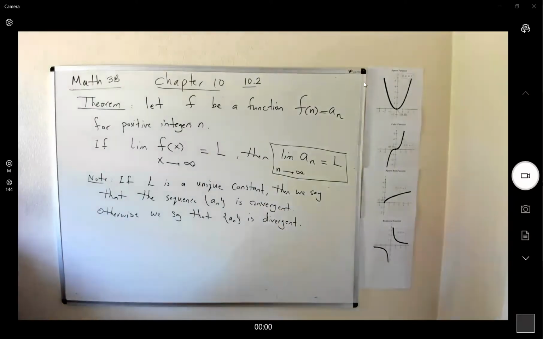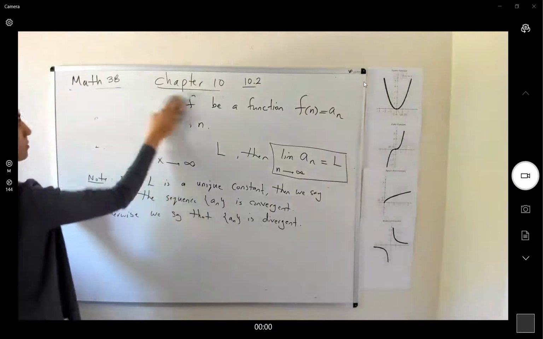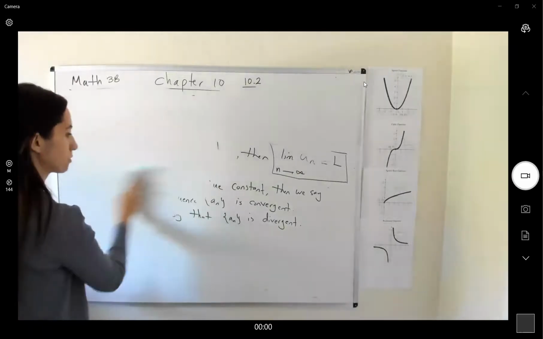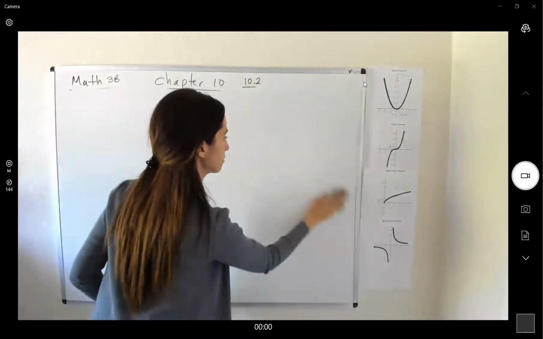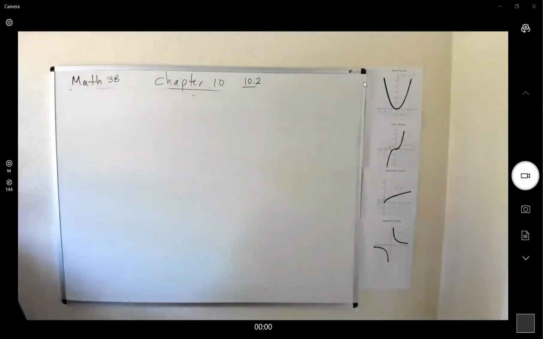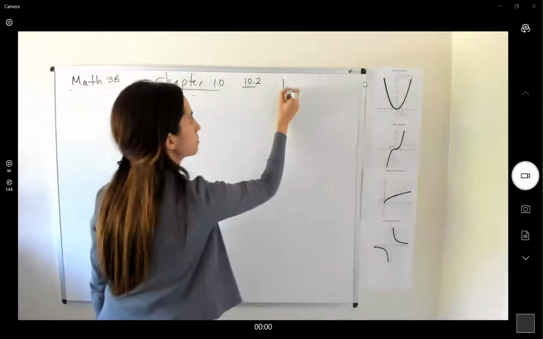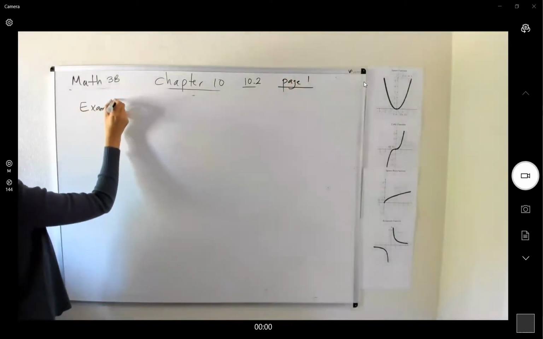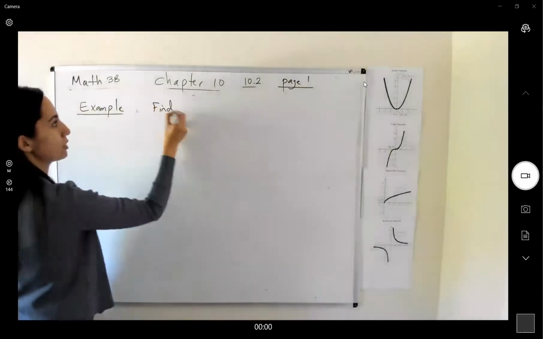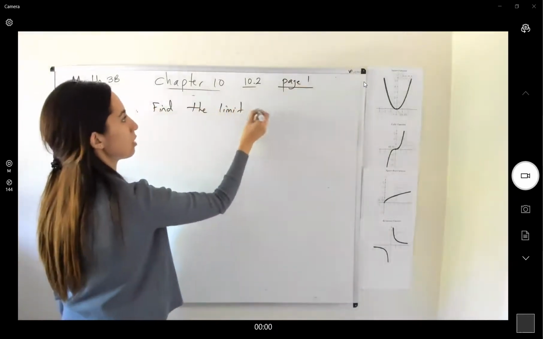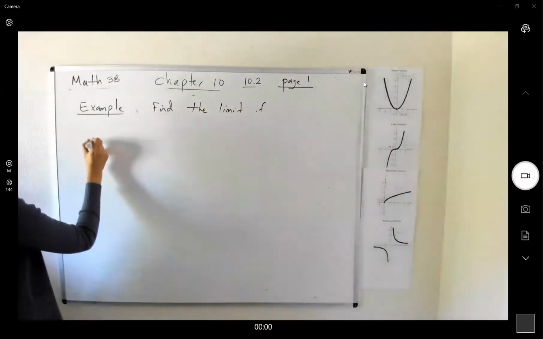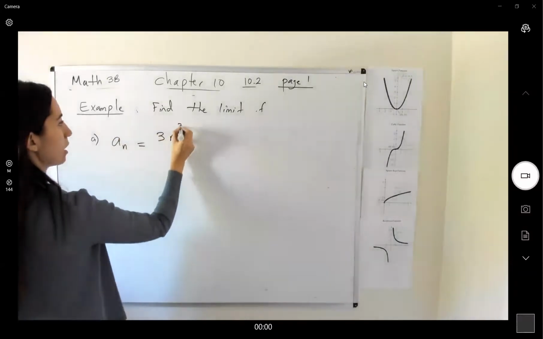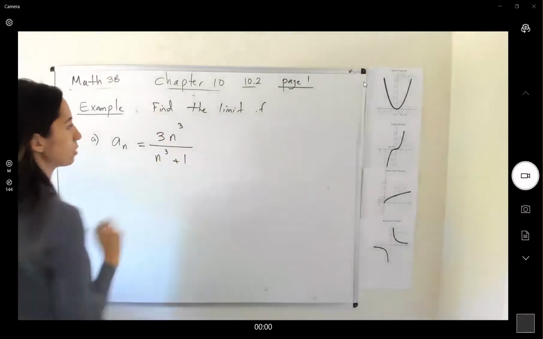Okay, examples. Still on page 1. Example: find the limit of the following sequences. The first one is a sub n equals 3n cubed divided by n cubed plus 1.